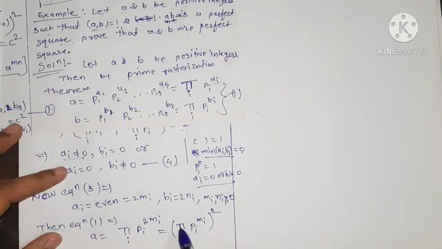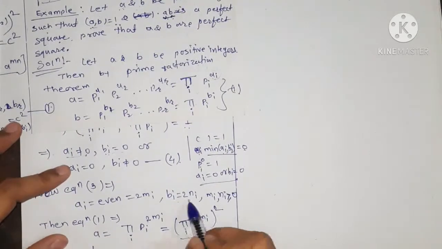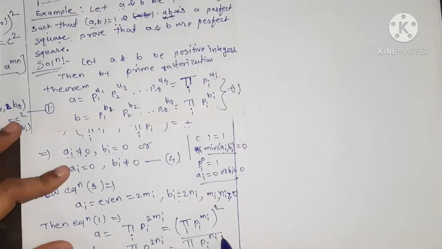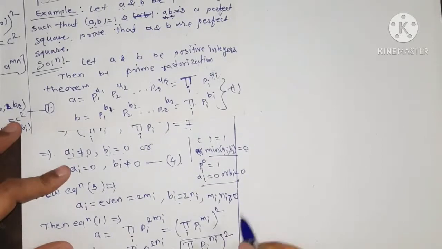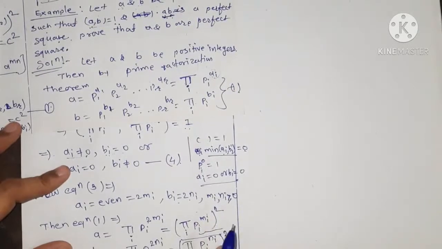So we can write this term as this, and similarly b can be written as, because b is equal to 2n_i, the product over i of p_i to the power twice n_i, and therefore this is equal to the product over i of p_i to the power n_i, whole bracket square, right? So this term and this term, both are written in the form of a square number, right?